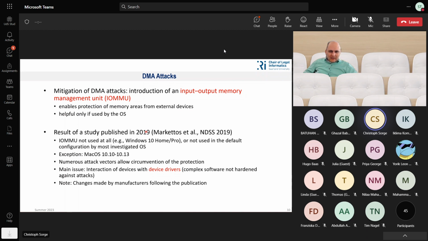So actually, though the mechanism had been around for a couple of years, even then, the operating systems didn't use them. So it wasn't possible, quite trivially, to access main memory content from external devices that you could just plug in. And yeah, that allowed you to copy all the data, including encryption keys, without many issues.